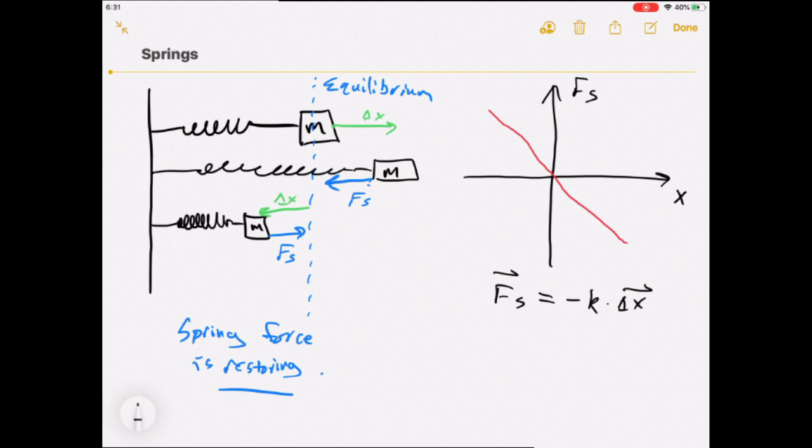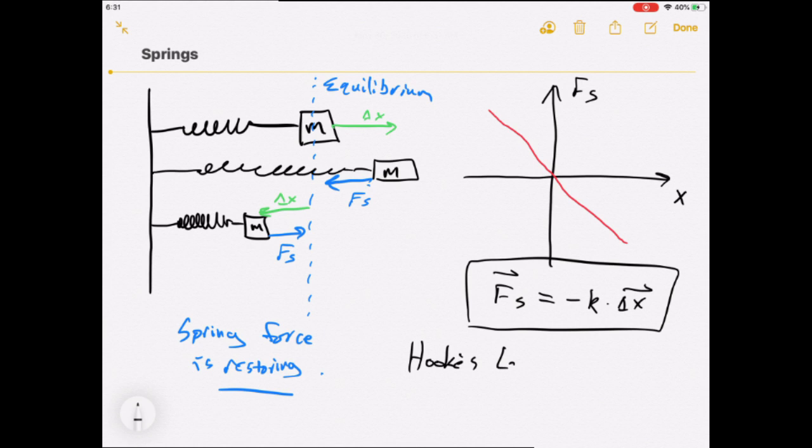So this relationship, spring force equals minus k delta x, is sometimes referred to as Hooke's law. And Hooke's law is true for lots of systems, particularly lots of systems with small displacements.